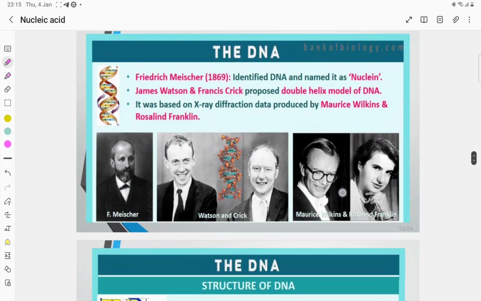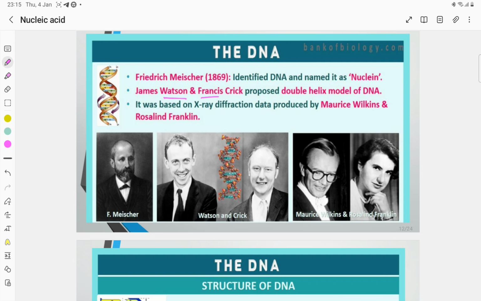Now we go to the structure of DNA. The structure of DNA was proposed by many scientists, but finally, one of the famous achievements was by two scientists, Watson and Crick, that means James Watson and Francis Crick from America.